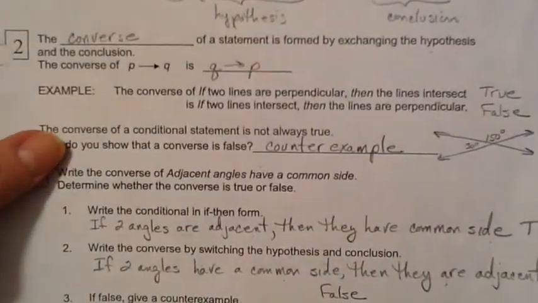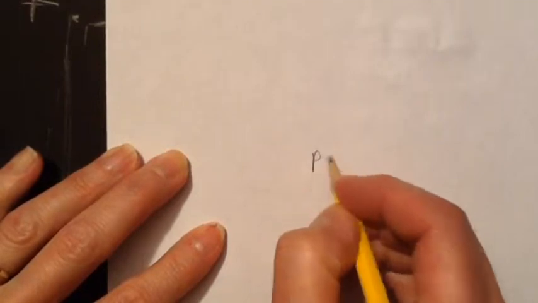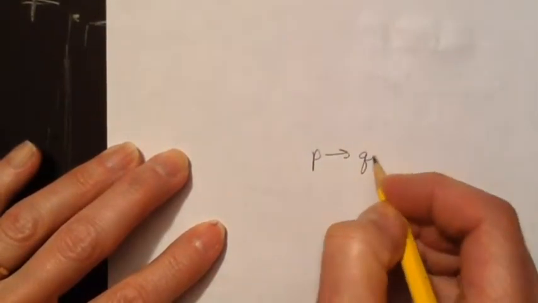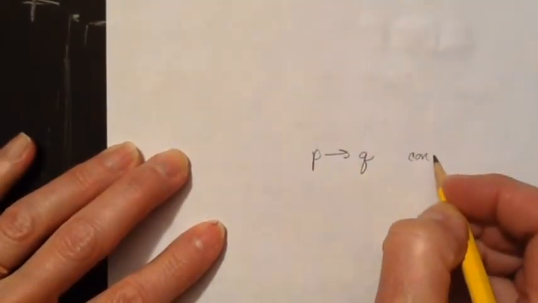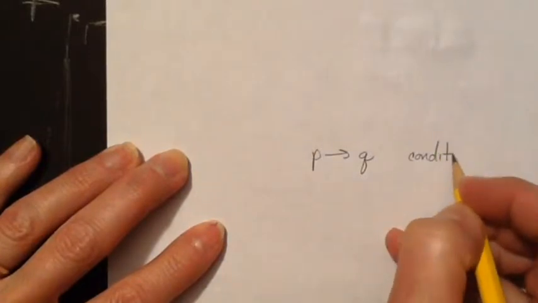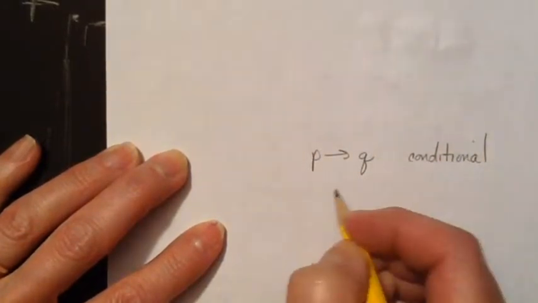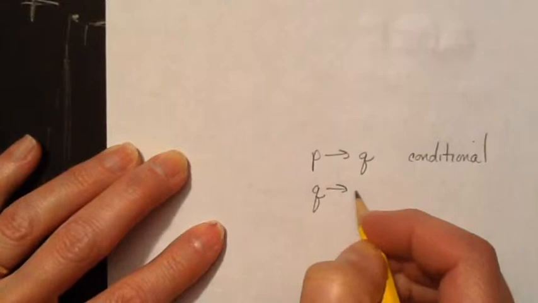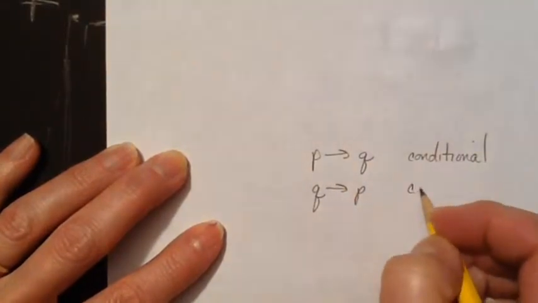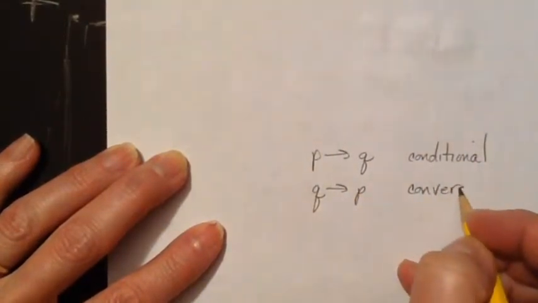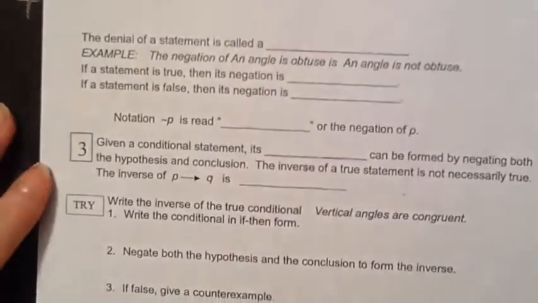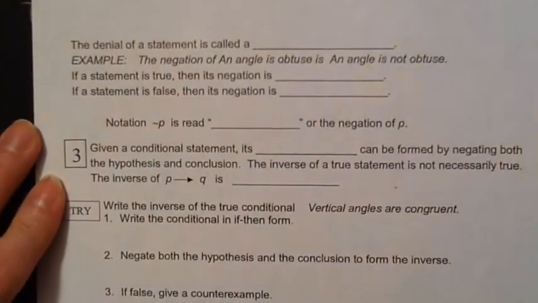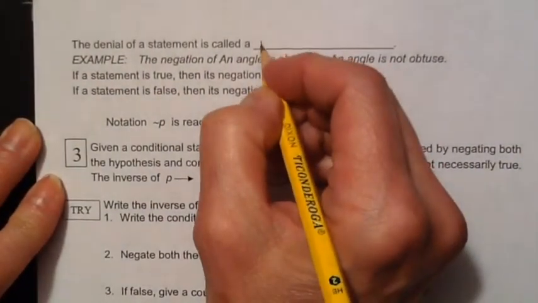So far we have our statements. If P, then Q. It's called the conditional. If Q, then P is called the converse. Okay. Now we have to do a little definition first, and then we'll do our next statement. The denial of a statement is called a negation.